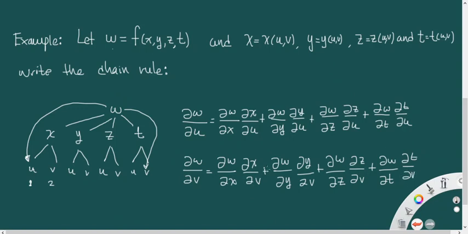So we need to break this down in two parts because at the end we have two variables here, and there is no other branch all the way down on this relation. So we need to follow the chain from w to x and from x to u, and from w to x and from x to v.